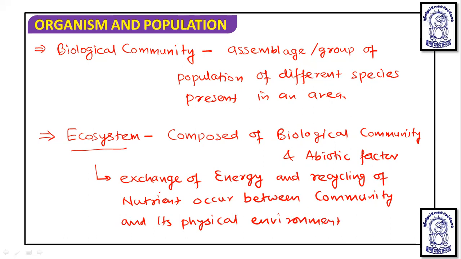So the ecosystem is defined by the exchange of energy and recycling of nutrients. These are the two important events that take place in the ecosystem, and they occur between the organisms, the communities, and the environment.